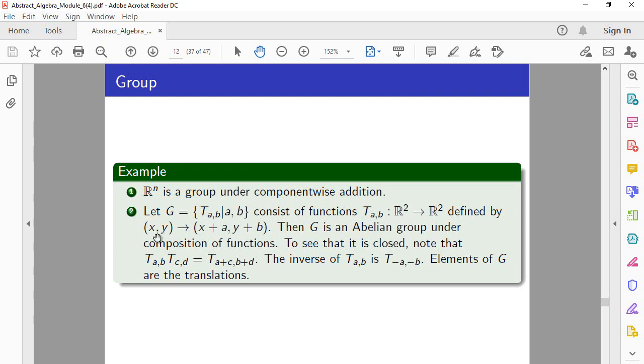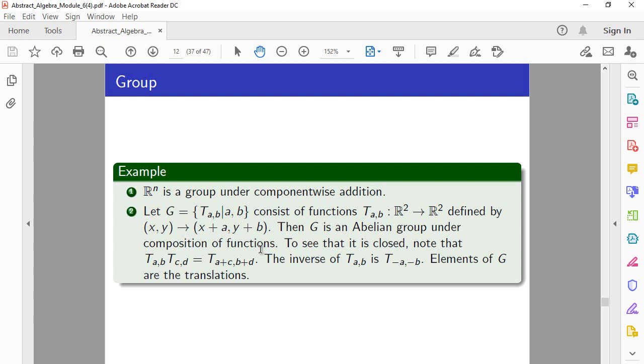The input (x, y) is assigned to the output (x plus a, y plus b). So this is basically a translation by a units in the x direction and b units in the y direction. The set G is an abelian group under composition of functions.